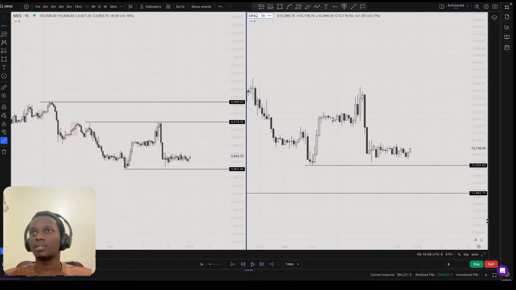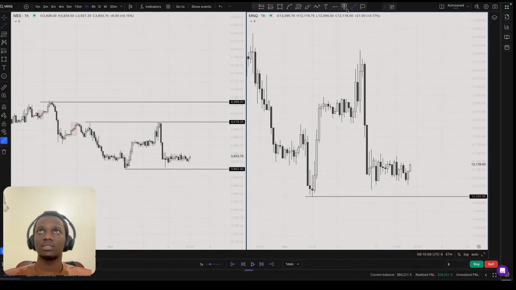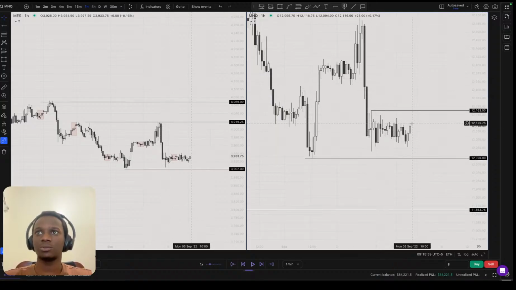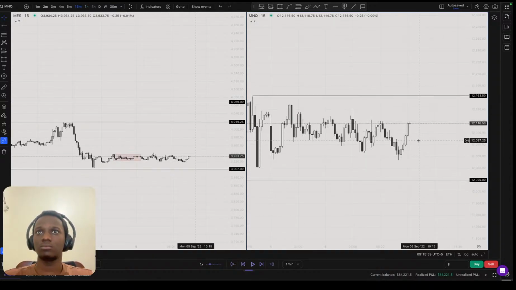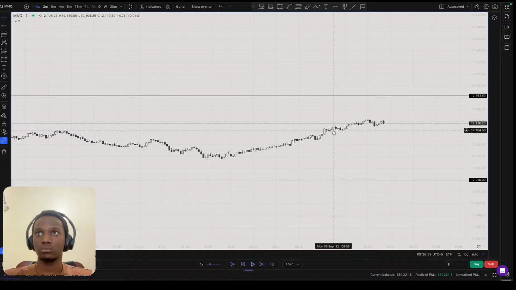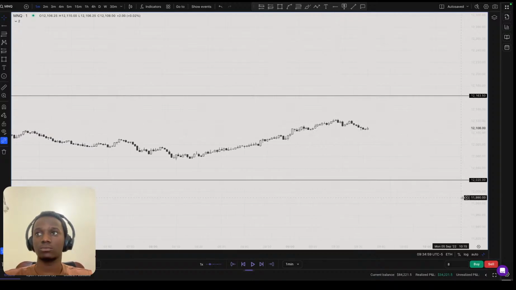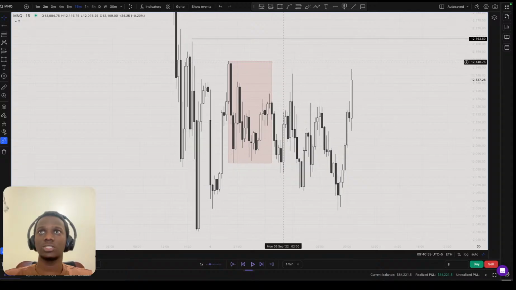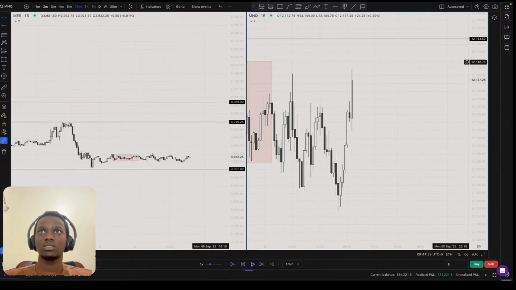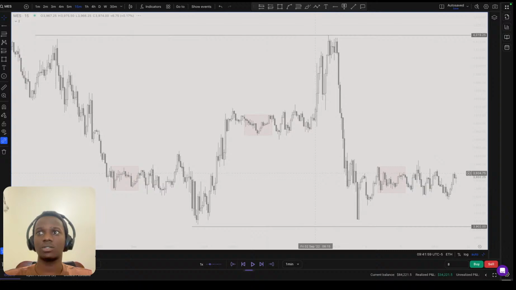Now the 1 hour has some good highs here and the gap, so maybe it will run here then deliver to sell side. Asia highs look like a good target for the day.